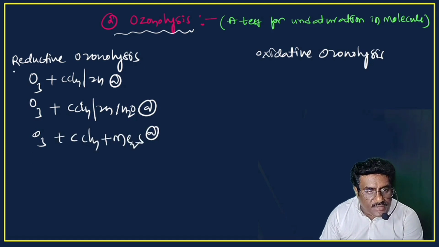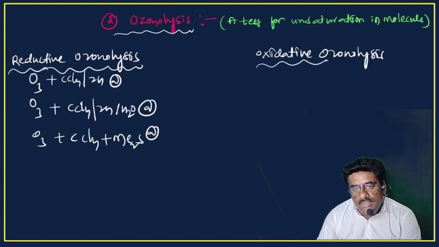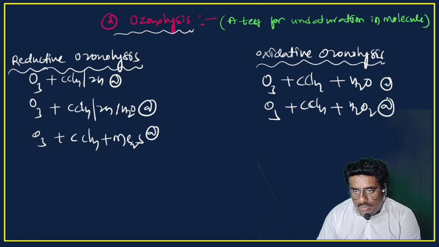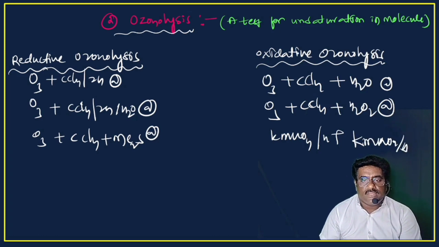For oxidative ozonolysis, the reagents are ozone with carbon tetrachloride and H2O, or ozone with carbon tetrachloride and H2O2, hydrogen peroxide, or KMnO4, potassium permanganate in presence of H+, or KMnO4 with heat.